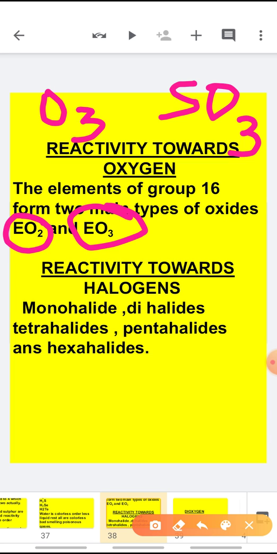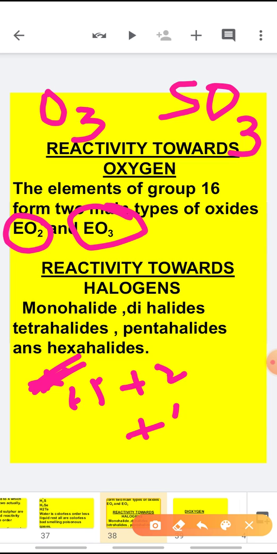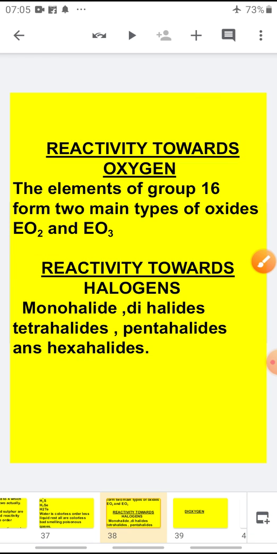Now coming to halogens, when they react with halogens, they can form monohalides, dihalides, tetrahalides, pentahalides and hexahalides, depending upon the oxidation state of +1, +2, +4, +5 and +6. Depending upon this, they can form these halides.